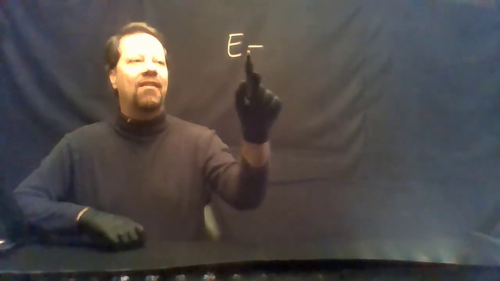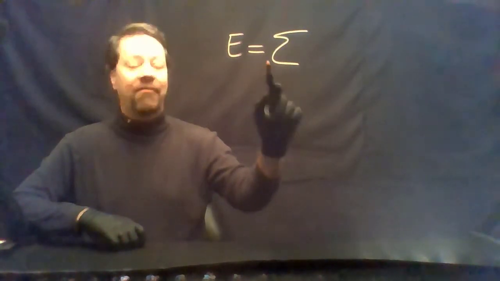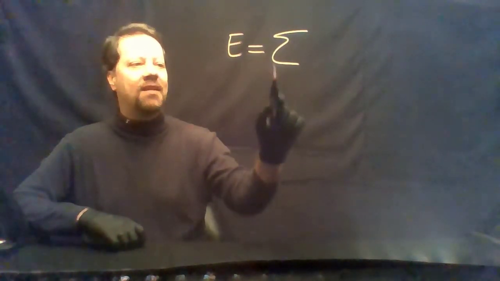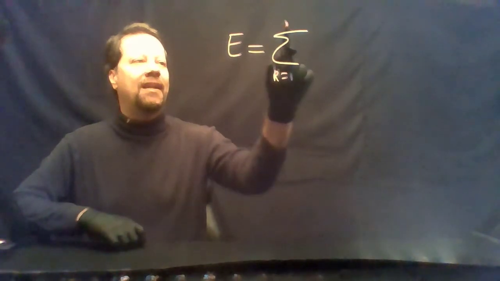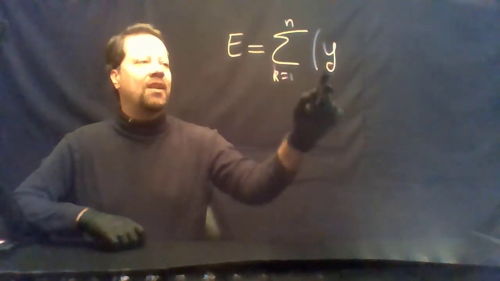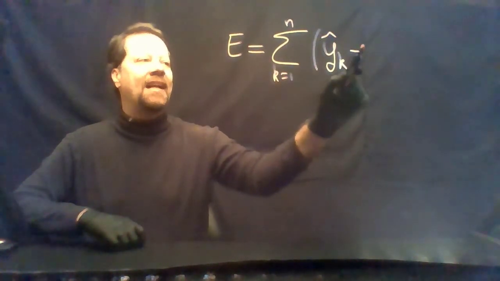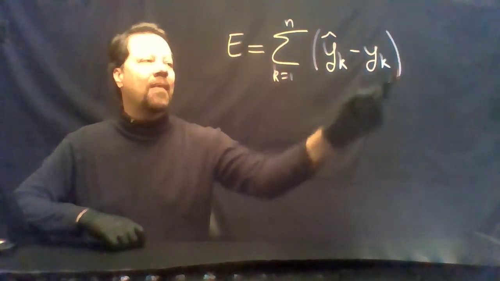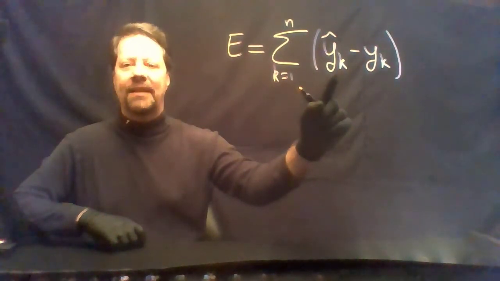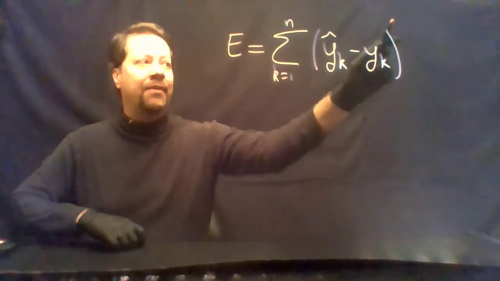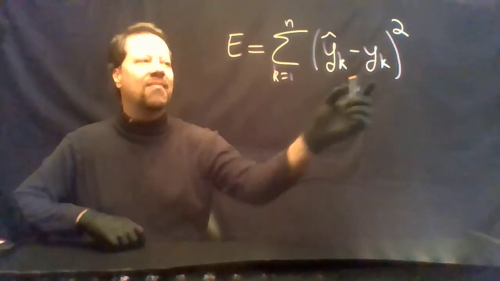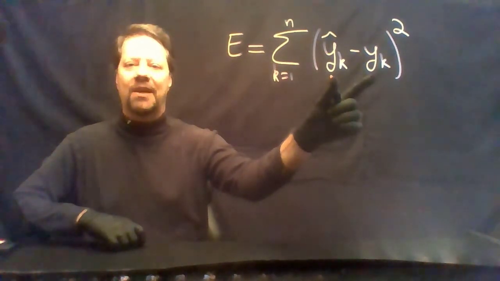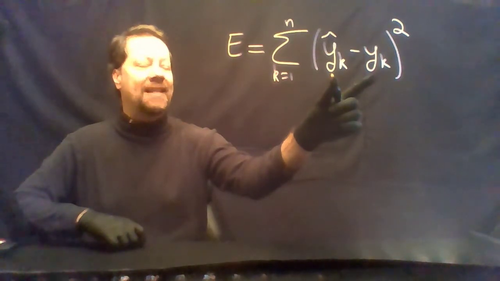What we'll do is we'll find the total error. And to find the total error, we'll take the sum as k goes from 1 to n of (yk hat minus yk) squared. That's the difference between the expected y value and the actual y value, squared. So these are the errors in the approximation by the line from the actual data.